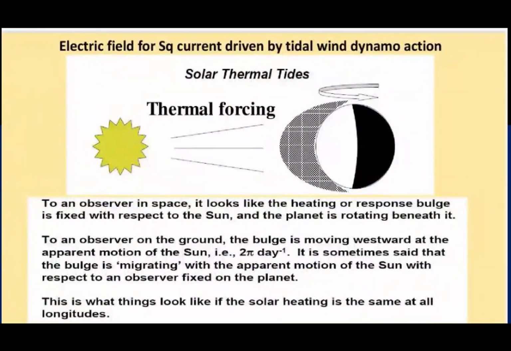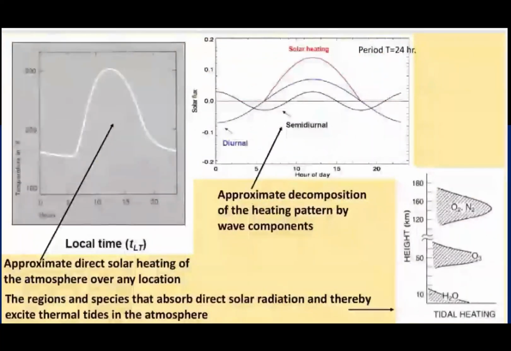So this kind of variation of the heating can be represented by a graph, something like this. During the course of the day, the heating or the temperature increases, reaches a maximum during noon, and then it decreases. So this is nothing but approximate direct solar heating of the atmosphere over any location. So wherever the noon time occurs, at that longitude maximum heating will take place.